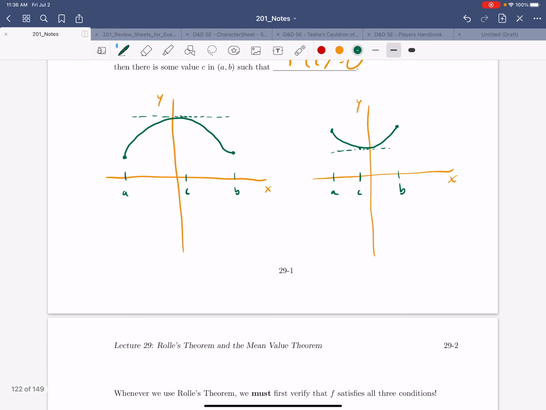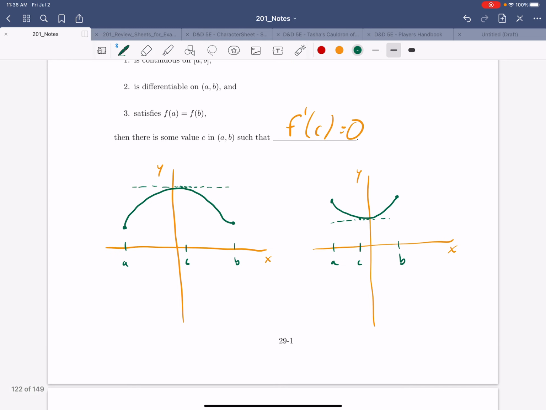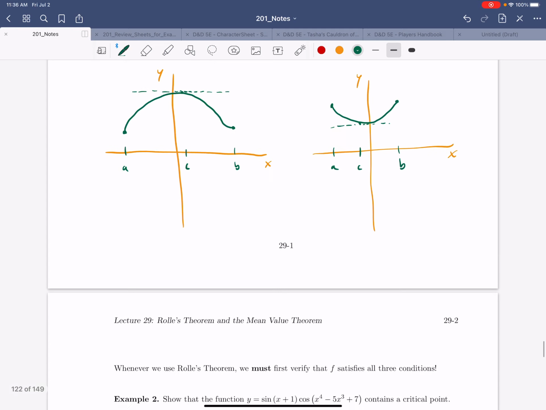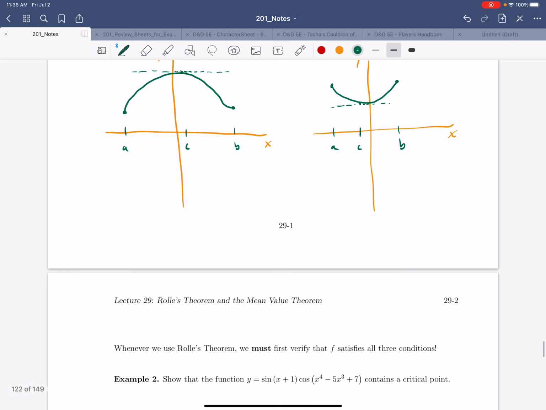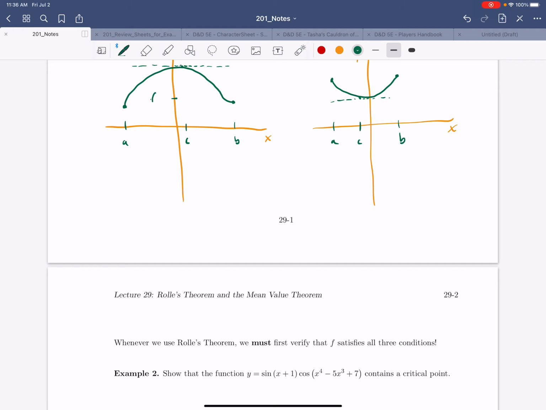So that's all it says, right? Try to draw a continuous differentiable function without a derivative of 0, where you start and end at the same point. It's not possible. Maybe in this picture I'll just add that, f of a equals f of b.